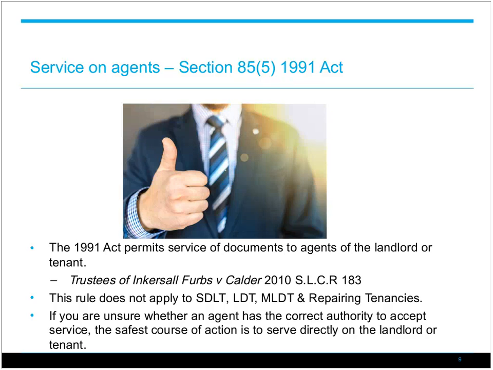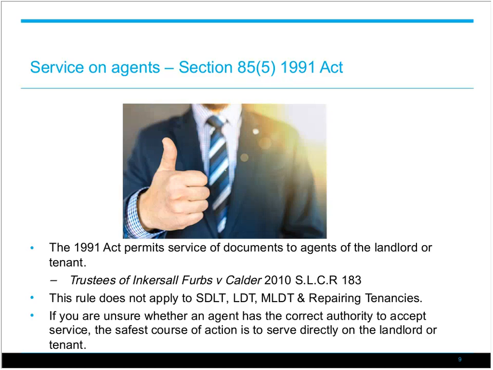The executors then transferred father's interest in the tenancy to the son, who then served a notice under Section 12 of the 1991 Act on the landlord's agents that he had acquired his father's share of the tenancy. The landlord then raised proceedings on the expiry of the first anniversary of father's death for declarator that the tenancy had come to an end because no valid transfer had taken place.